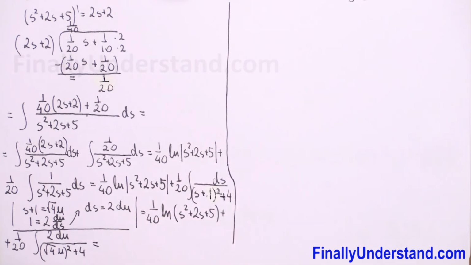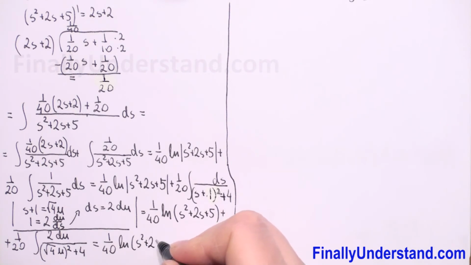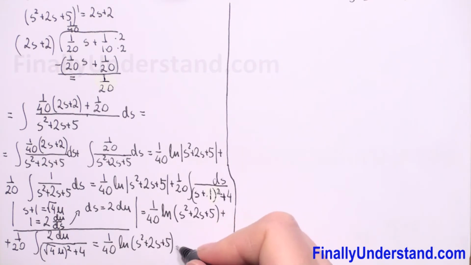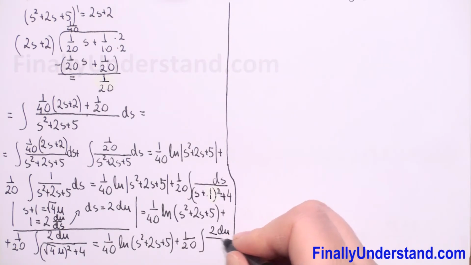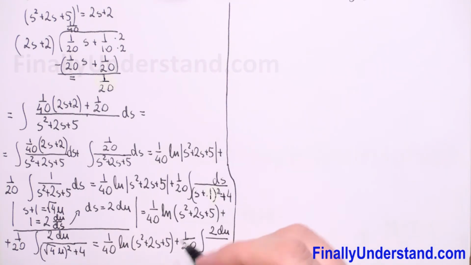So this is equal: the first expression we will rewrite, 1 over 40 natural logarithm of s squared plus 2s plus 5, plus we have 1 over 20, and we have the integral of 2 du over square root of 4 to second power, so it will be 4u squared plus 4.